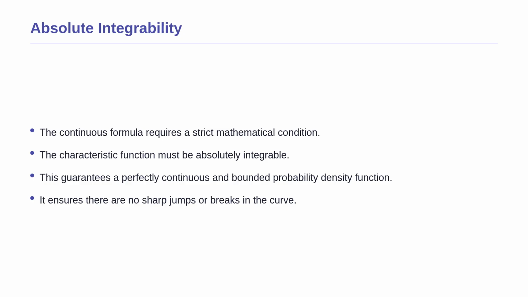If a characteristic function is absolutely integrable, the inversion theorem guarantees that the resulting probability density function will be perfectly continuous and bounded. This means the curve will be smooth, with no sudden sharp jumps or breaks. It is a mandatory checkpoint to ensure our mathematical machine does not break down when trying to unblend the smoothie.